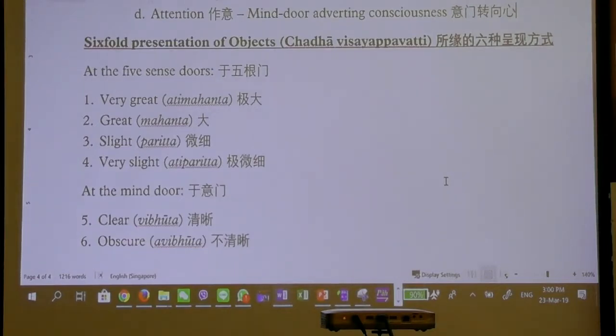Sometimes great, sometimes slight. But if someone is very familiar with the object, what we are going to see, immediately you can say, oh, this is this one, you can recognize. At that time, those objects are very great. Why? 17 mind movements can arise. When arising the 17 mind movements according to one object, it is called very great object. Okay?